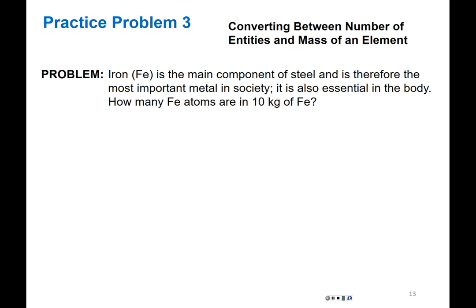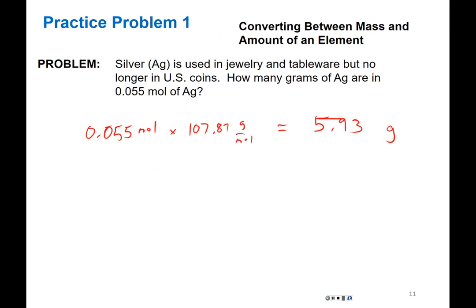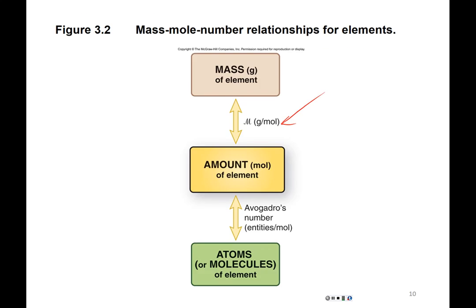All right. So we're given a mass this time, and we need to calculate the number of atoms. And this has two kind of new tricks to it, right? This is really where you need to remember this diagram. We're given a mass, and we want number of atoms.